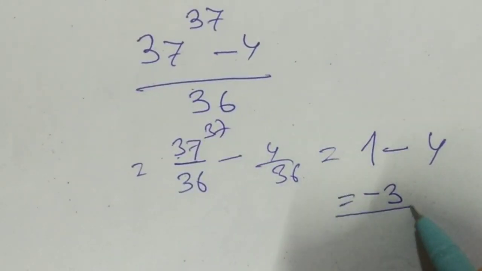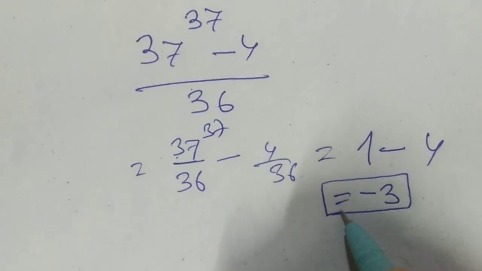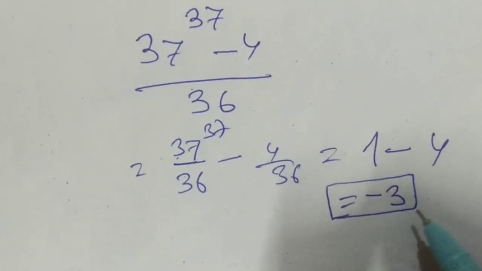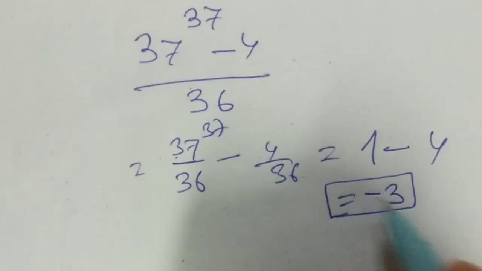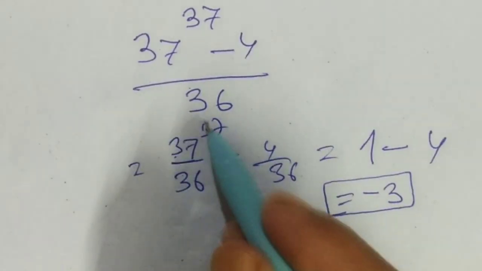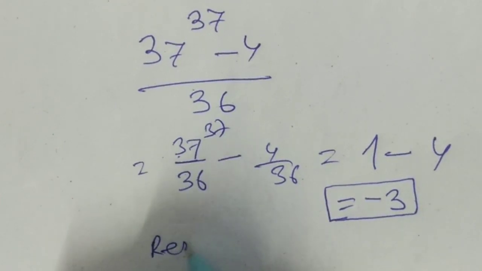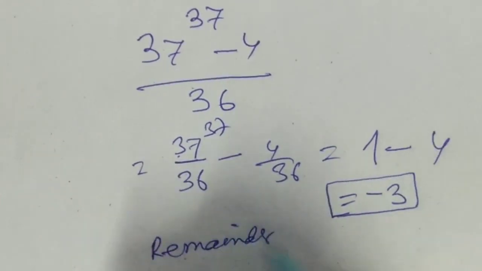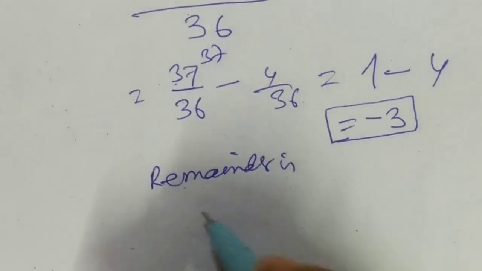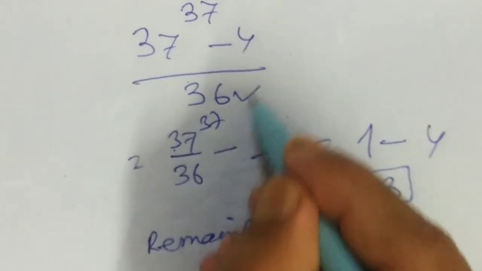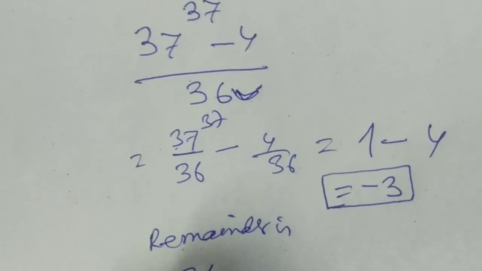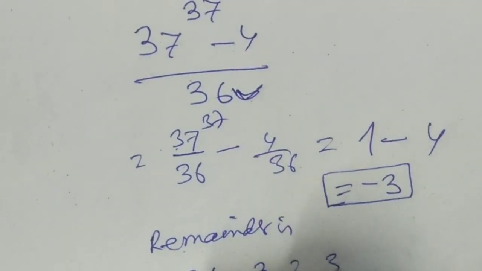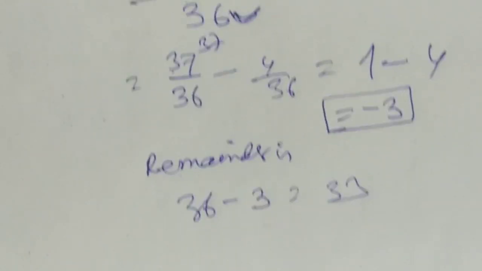But minus 3 remainder, is it possible? No. So what to do? The remainder is not minus 3. In this case, B is 36, so just subtract: 36 minus 3 is equal to 33.